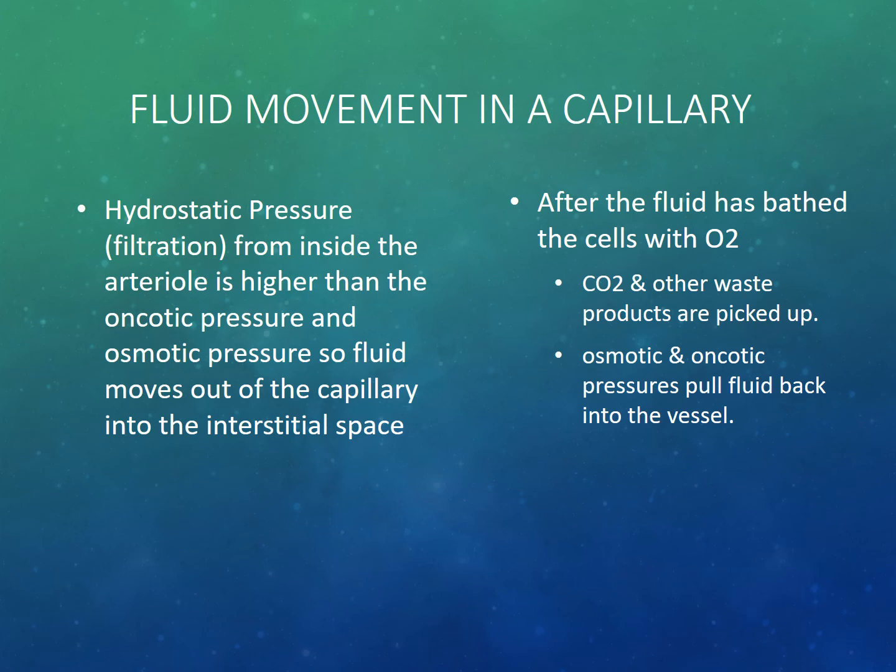After the fluid has bathed the cells with oxygen and delivered some glucose and any other nutrients that it needs, and picked up the CO2, nitrogenous waste, and any other waste products that are made, then you've got osmotic and oncotic, primarily oncotic, pressures pulling the fluid back into the vessel on the venous side of the capillary.